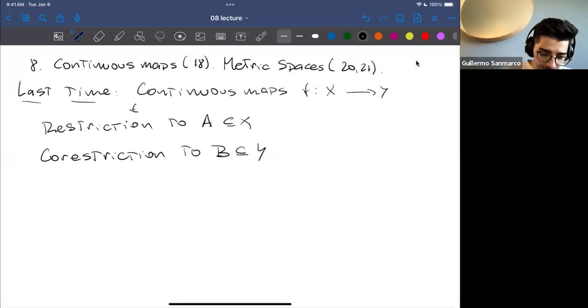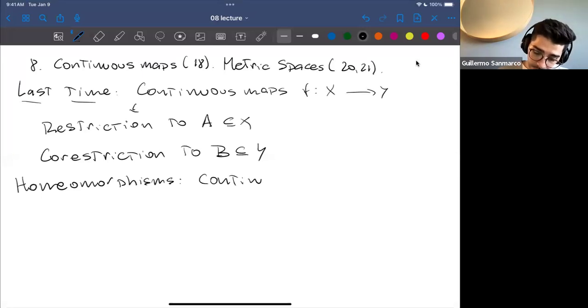And then we introduced, very briefly, these homeomorphisms. These are supposed to be continuous bijective maps with continuous inverse.